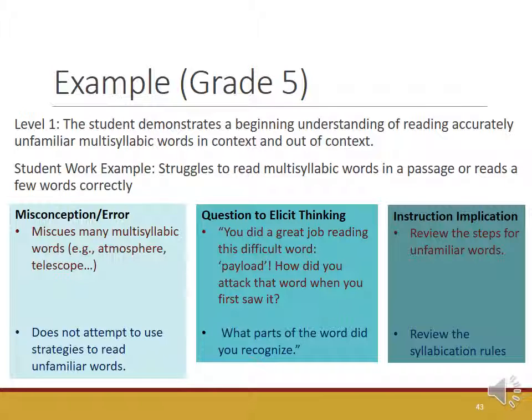And what you should be saying to your students is, you did a great job reading this difficult word, the word payload, right? How did you attack that word when you first saw it? And so then the instructional implication might be, if they don't have a good response, that you need to review steps for how to tackle unfamiliar words, right?